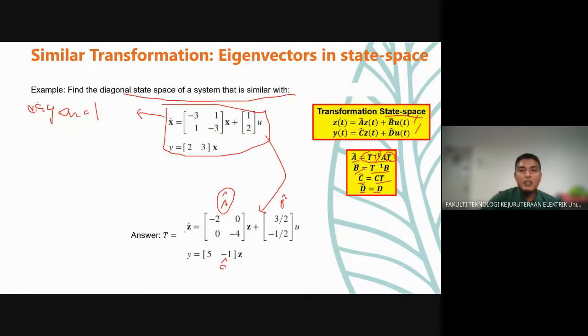The T that you must use to solve for the A hat, B hat, and C hat values is [1, 1; 1, -1]. In this case, you need to calculate to find the T inverse.